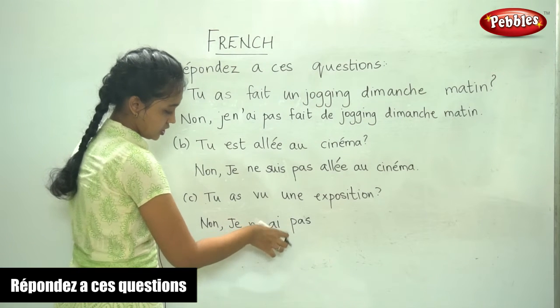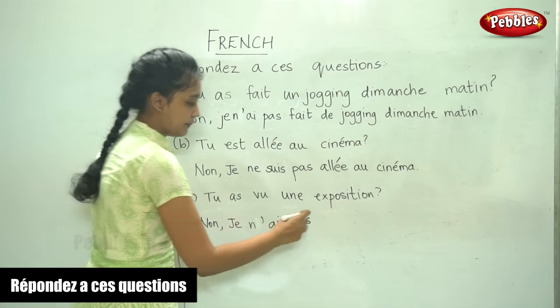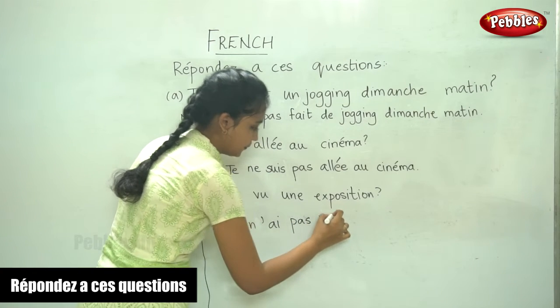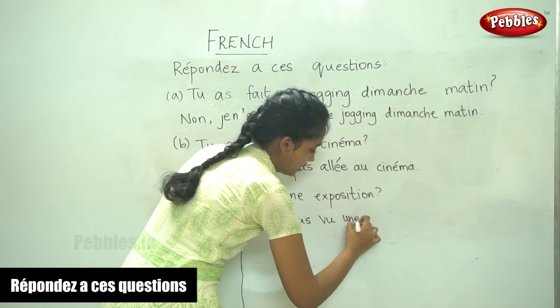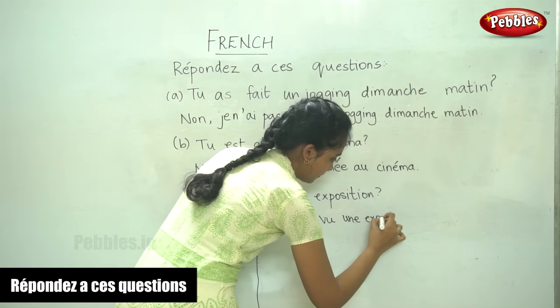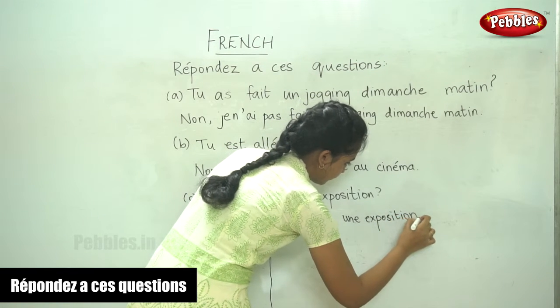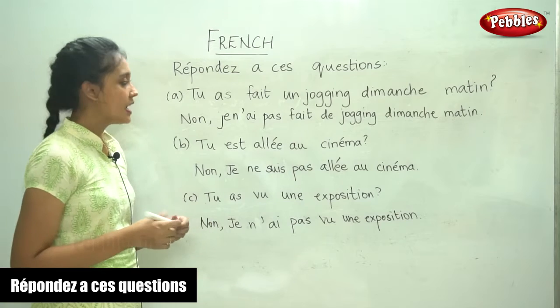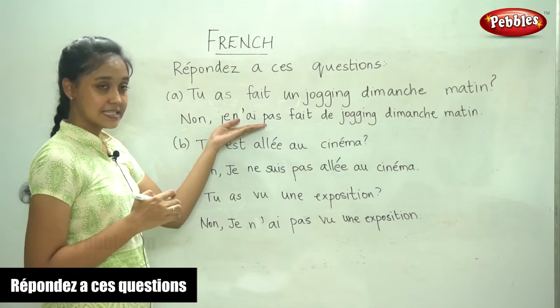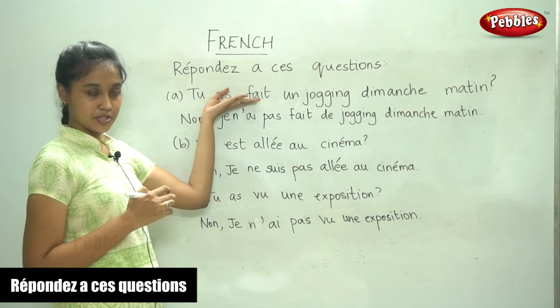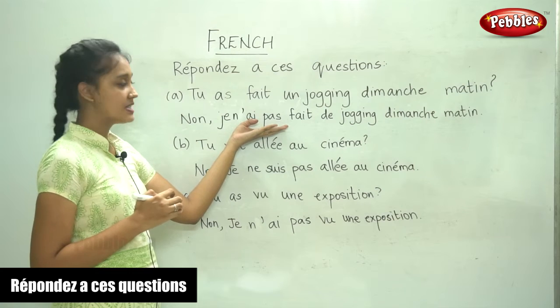So, je n'ai pas vu d'exposition. So this is how we make a sentence in the passé composé into a negative sentence.